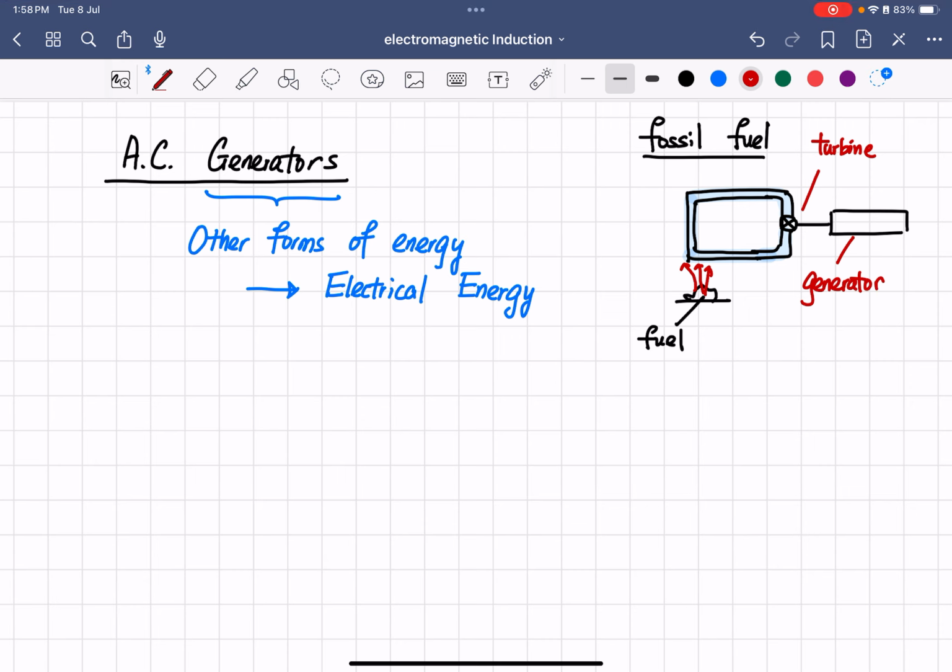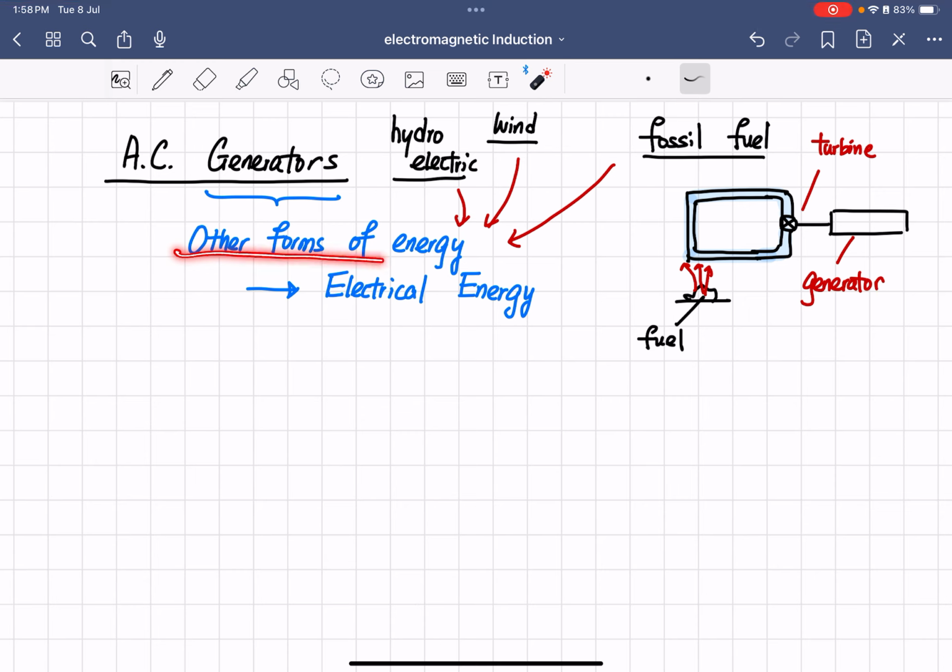And fossil fuel is just one example. There may be other examples like wind power, maybe hydroelectric power. So these are other possibilities, turning different forms of energy into electrical energy.